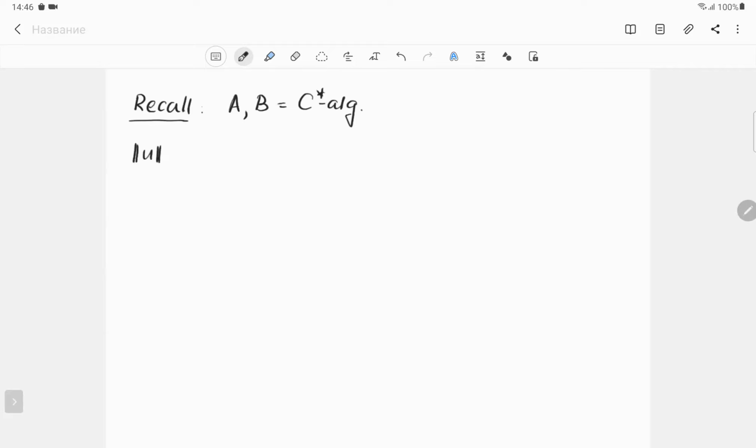It is defined to be the supremum of the norms of pi of u, where pi runs over the class of all star representations of the algebraic tensor product.